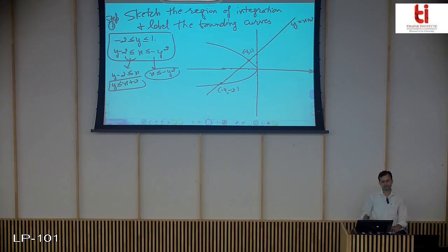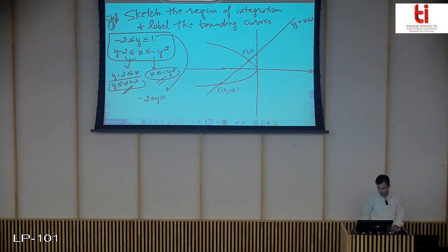First it was y less than or equal to x plus 2, that is simply the line y equals x plus 2, where the values of y less than x plus 2 are also included in the region of integration, lying below this line, on its right side. And then you have the parabola x less than or equal to minus y square, and clearly y lies between minus 2 and 1.